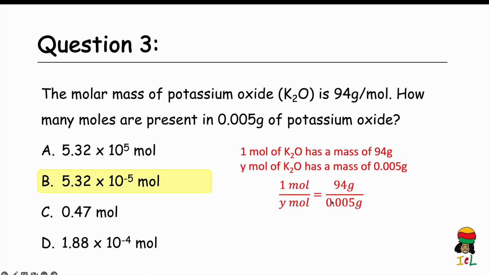The mole over mole is equal to grams over grams. And we start with our unknown and cross multiply. So we have Y times 94 is equal to 1 times 0.005. We rearrange to make Y the subject of the formula, and we obtain 0.005 divided by 94, which works out to be 5.32 times 10 to the negative 5 mole.